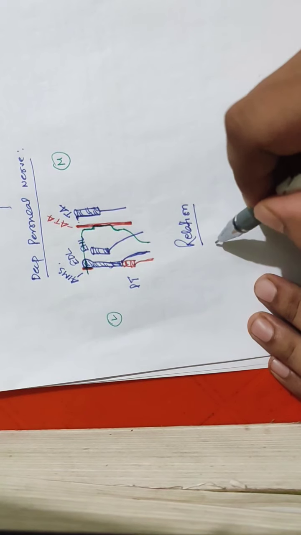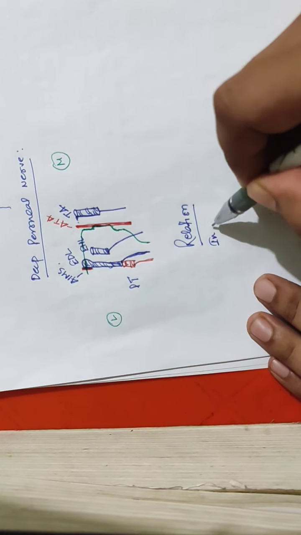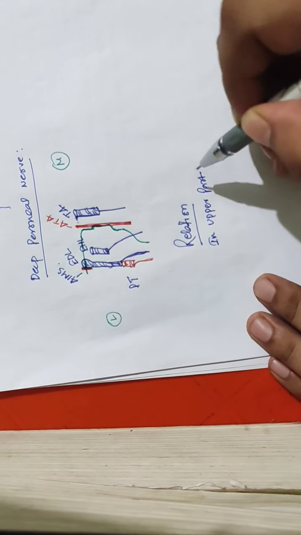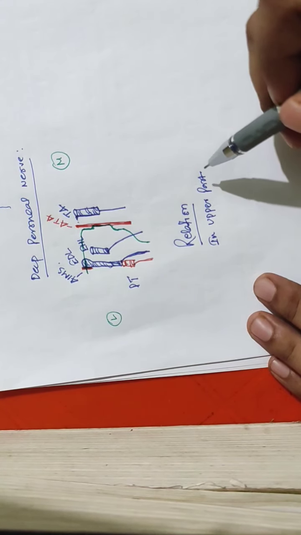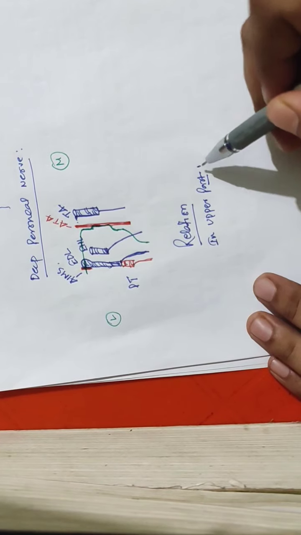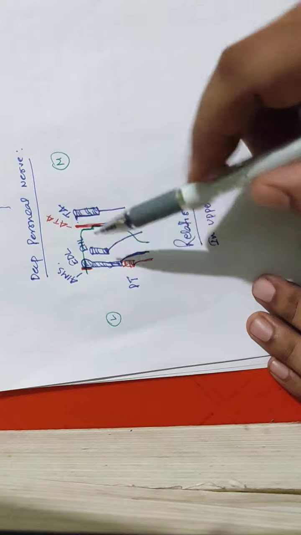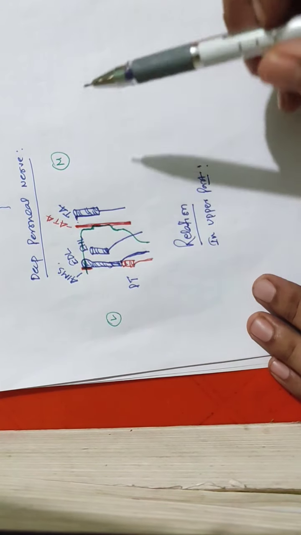In the upper part, this is the common peroneal nerve. This green color shows the nerve.